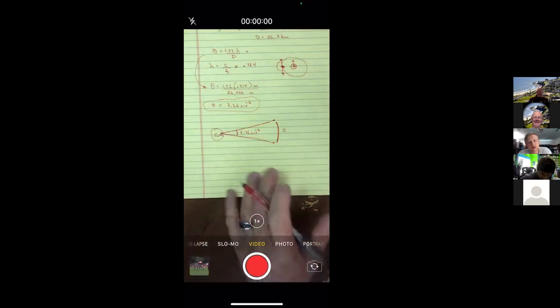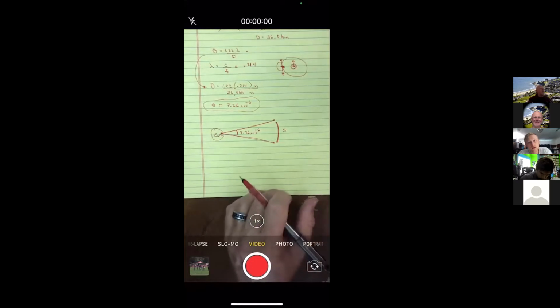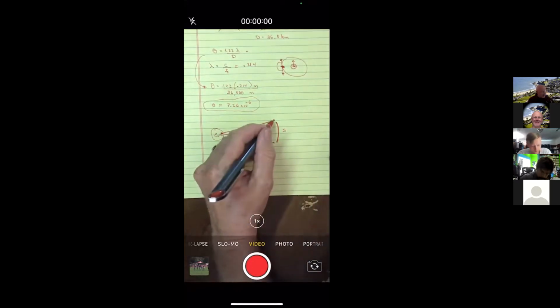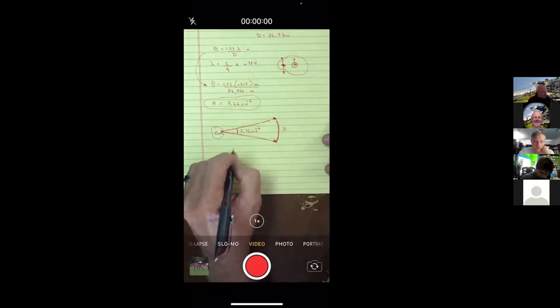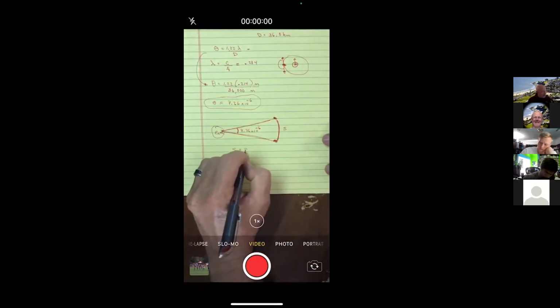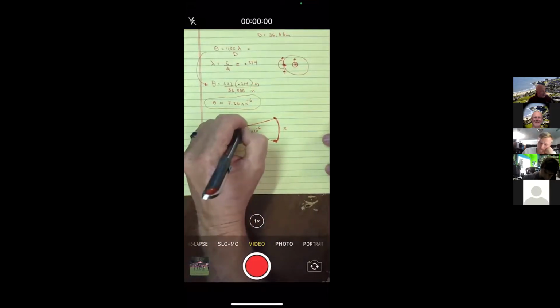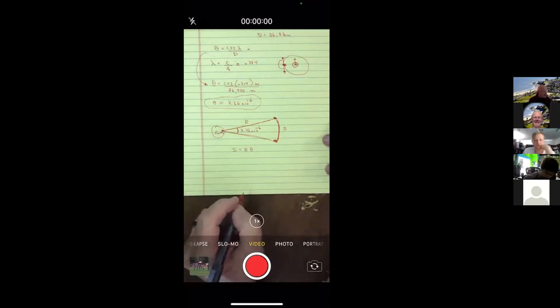So if we attack this problem like we did the last one, where we say, okay, here's two objects we want to resolve, s, how far apart, that would be this r theta, where r is how far they are.